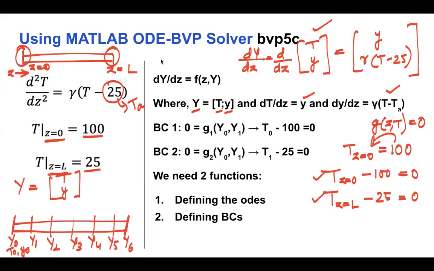Let us take y0: it will have two values, T0 and v0. And the last one, y6, has T6 and v6.